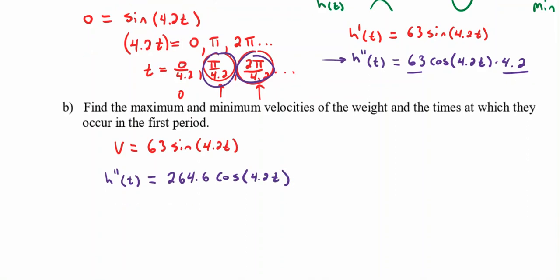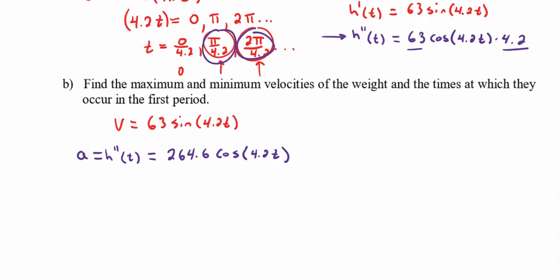Okay, so now remember what I'm looking at here. This really is also an expression for the acceleration. And I want to know where the acceleration is equal to 0, or where the inflection point is. So if I want to figure out max speeds, I'm going to set my second derivative equal to 0. This 264.6, I can divide out, so I just get cos 4.2t.